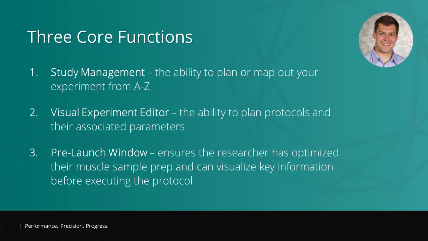Without further ado, there are three main areas where DMC LabBook is quite different from the previous version of DMC. We could call them three core functions, which are quite different.